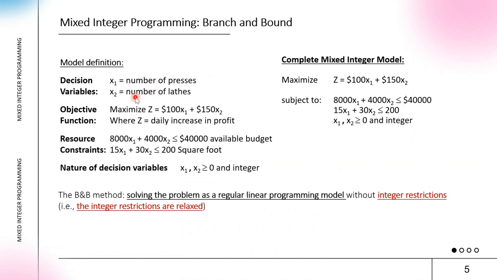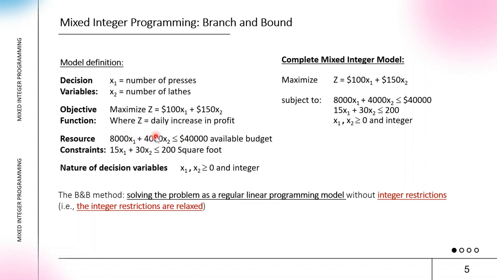The objective function is to maximize daily profit: 100 x1 plus 150 x2. And also we have different constraints in the problem. We have a budget constraint: 8,000 x1 plus 4,000 x2 must be lower than or equal to 40,000, as we can see from here.